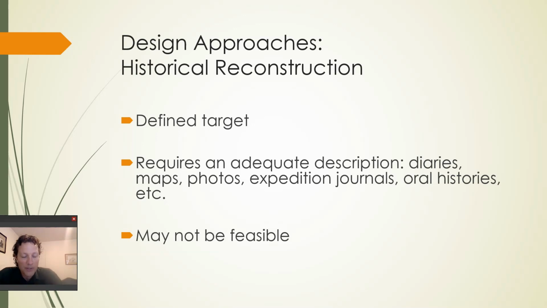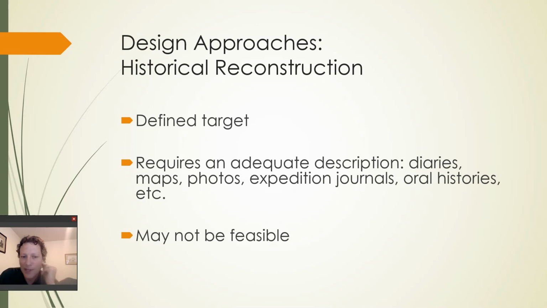What this requires, if you're going to try to reproduce something from the past, is an adequate description. So in this case, the park had a good database of all the diaries, maps, drawings, sketches, journals, oral histories of the area, everything they could find with respect to the Lewis and Clark expedition.